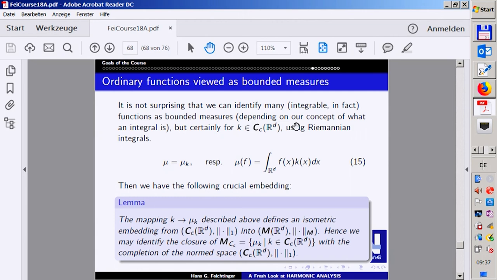So the interesting part is now, are we getting bounded measures, and how can we see, directly looking at the function, what this new measure that we produce is? We will call it the measure induced by the function, or we call this mapping, which assigns a measure to a test function, a natural embedding, because it's really natural to do.